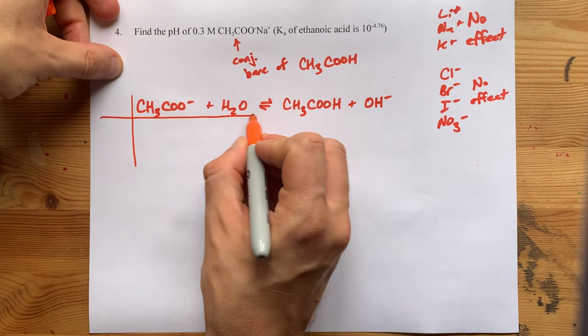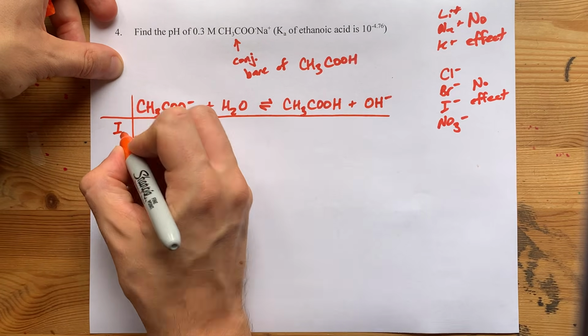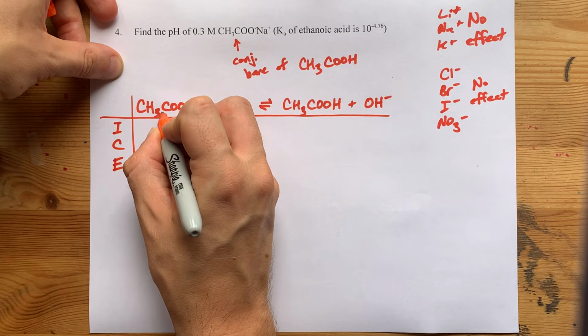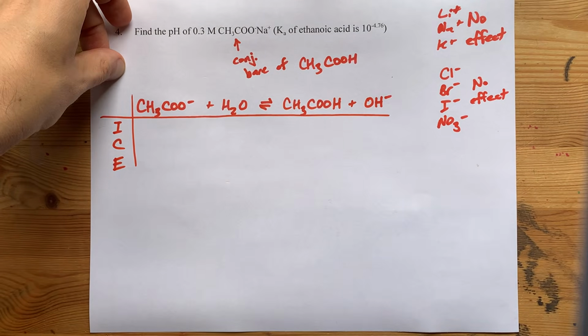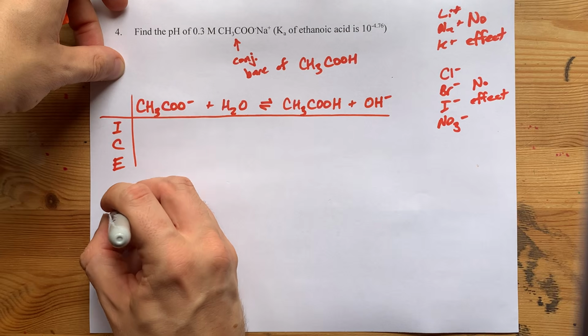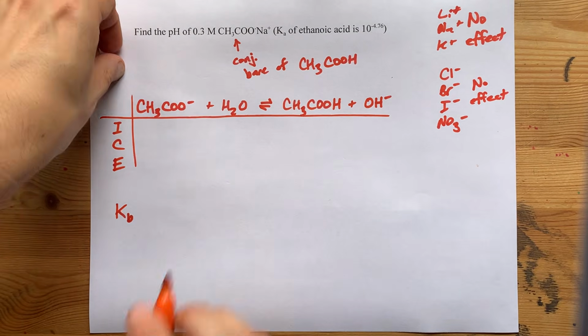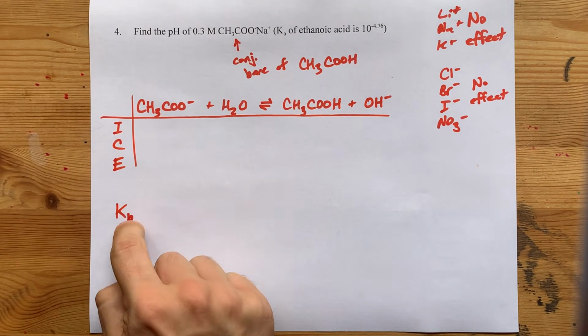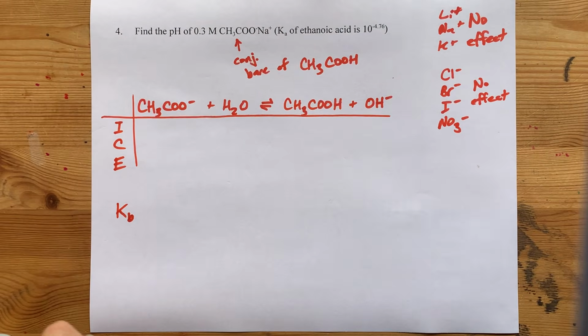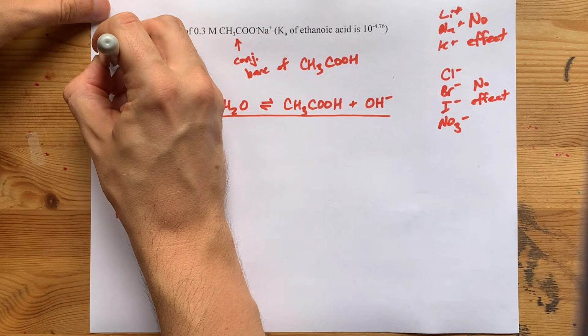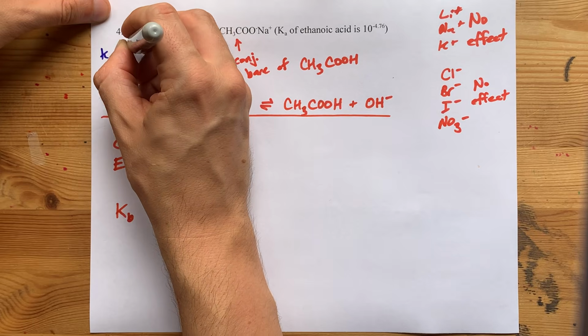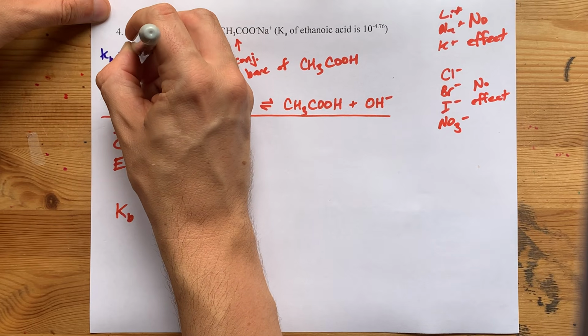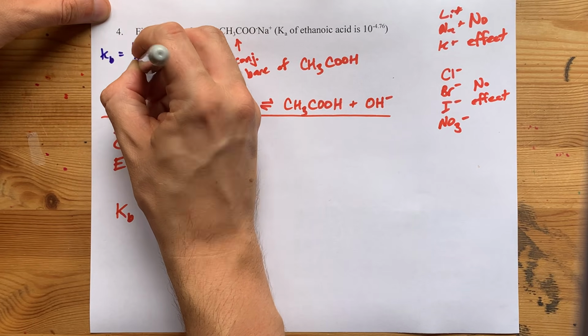Now, the reaction that I've just written, because it is for a conjugate base stealing an H away from water, actually corresponds to Kb. How do you get Kb from Ka? Well, you can get either one of them from the other by taking what they call Kw and dividing it by the other.